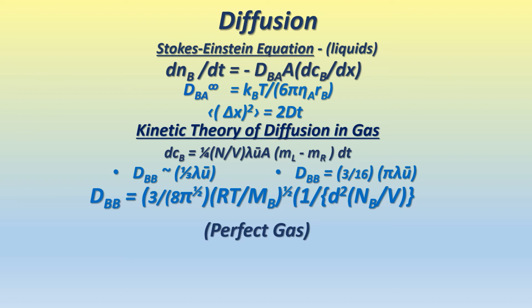You get 3/8 times (pi to the half), (RT over the molar mass) to the half, times 1 divided by the diameter of the gas molecule squared times its concentration, N over V. This is the diffusion for a perfect gas, and once again, it matches what was determined previously because diffusion occurs and is powered by the entropy of mixing.